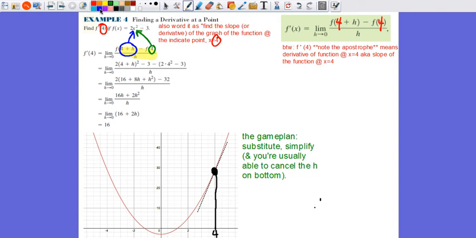When you substitute 4 plus h into this function, you are basically going to get this right here. When you substitute 4 into the function, you are going to get this right here.